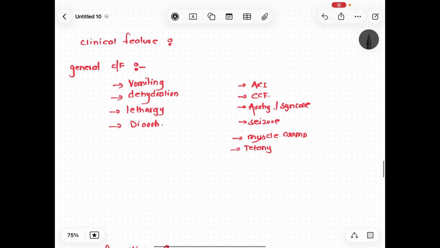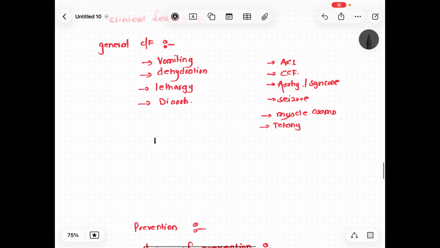Now, features due to the electrolyte imbalance. For example, first coming to hyperkalemia. Hyperkalemia can lead to cardiac arrhythmia, which can present as syncope. This is one of the most immediate life-threatening complications. Second is hypocalcemia.